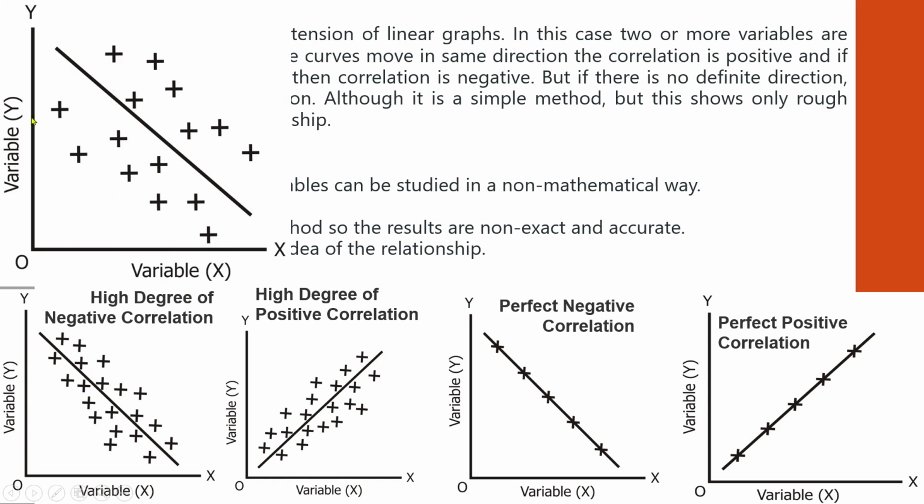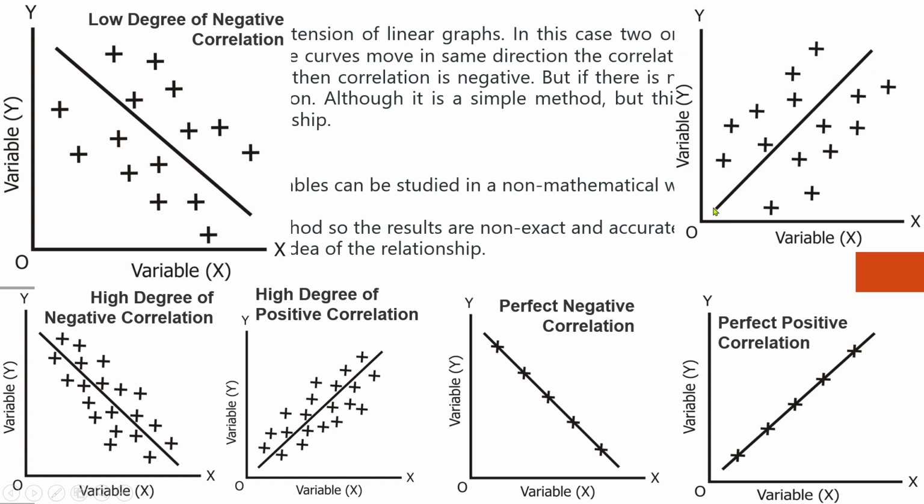Next one, see here the points are scattered all around the curve. So this is a case of low degree of negative correlation. Here it is very low because there are only 4 points that are close, not even closer. We can say that it is almost close to the line. Then it is a case of low degree of negative correlation, negative because it moves from left to right.